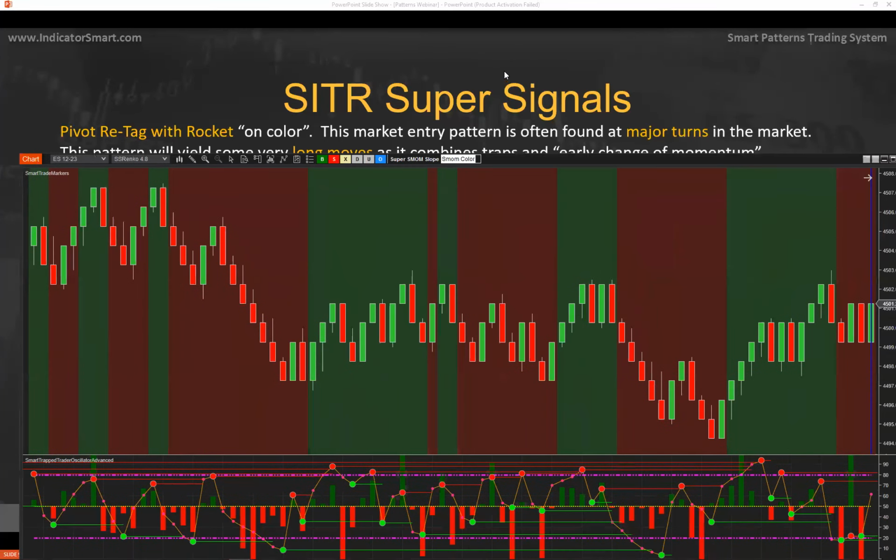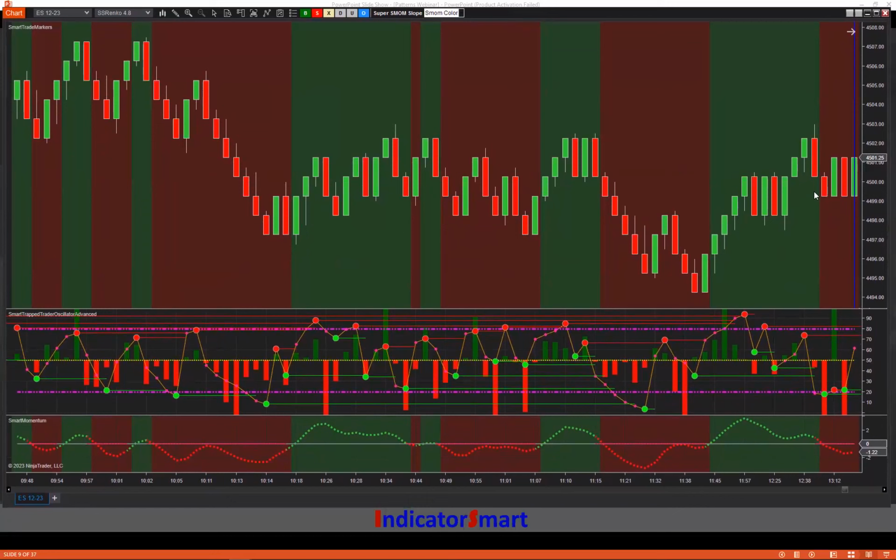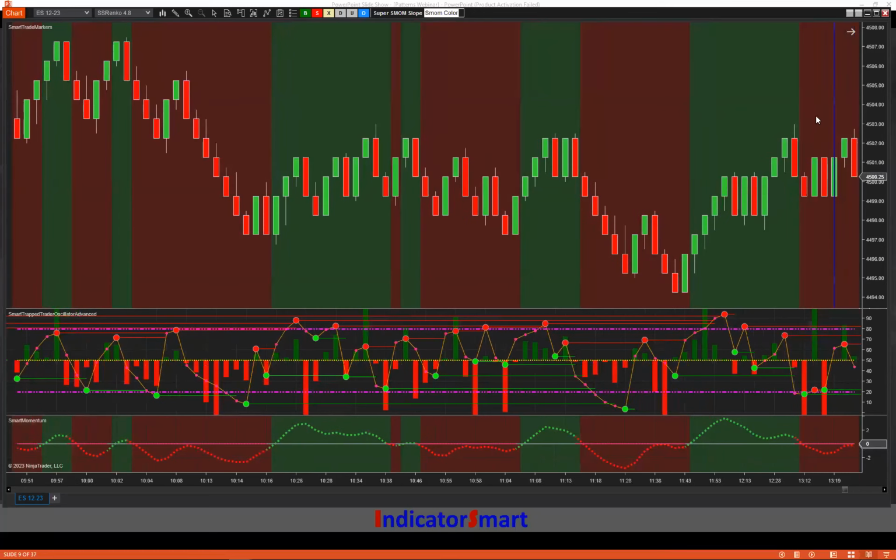But can we find those and put stuff in it that makes it tradable for us? Okay.